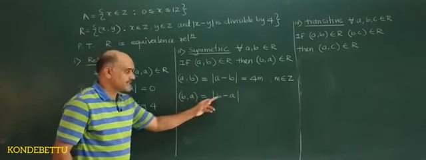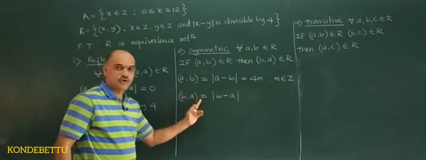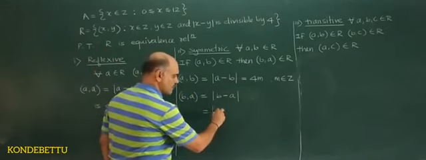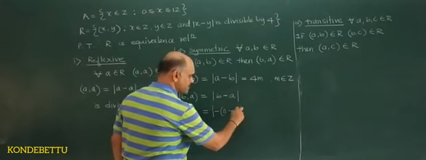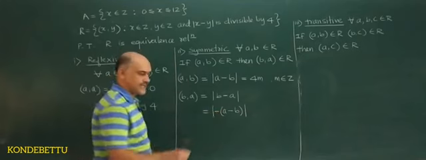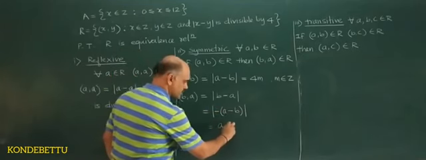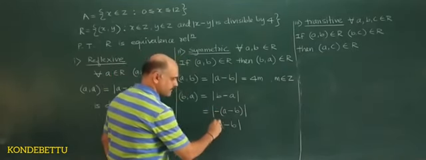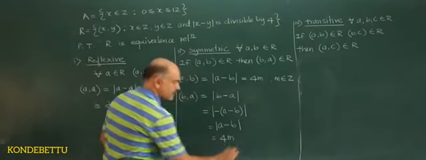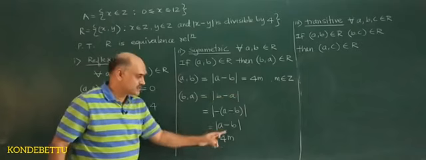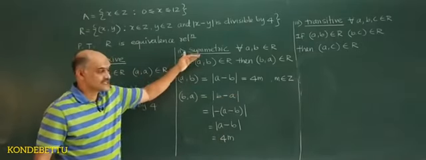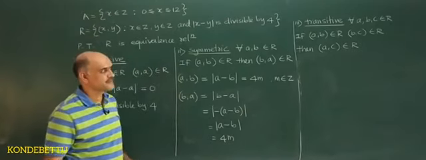Now if you take minus outside, don't take it outside the mod sign. Mod means always it will be positive. So mod of minus of a minus b. As there is a mod, again this minus turns out to be positive. So you'll have a minus b. A minus b is nothing but 4m because we have taken that here. So again this is divisible by 4. Therefore the given relation is symmetric.